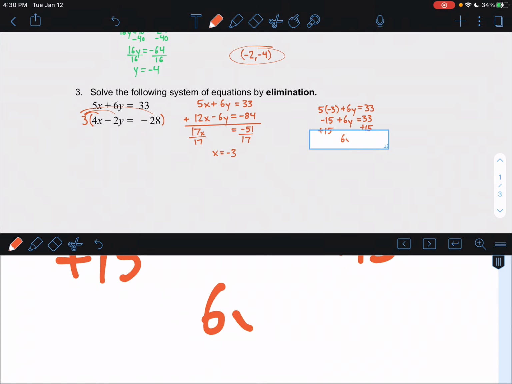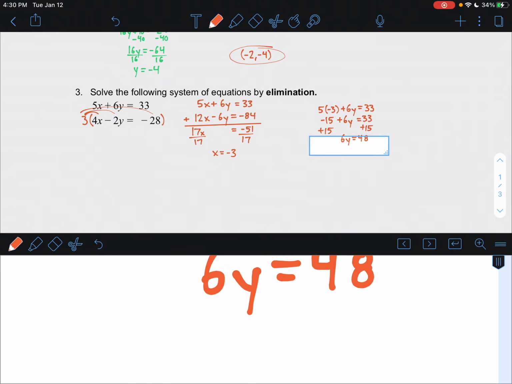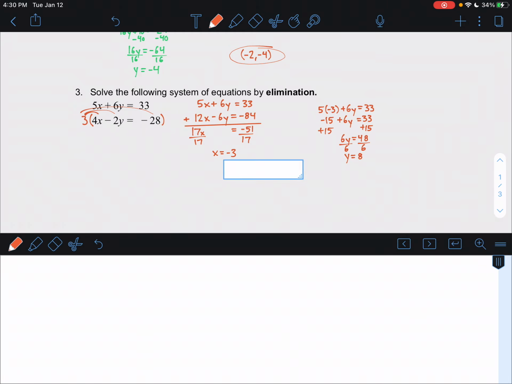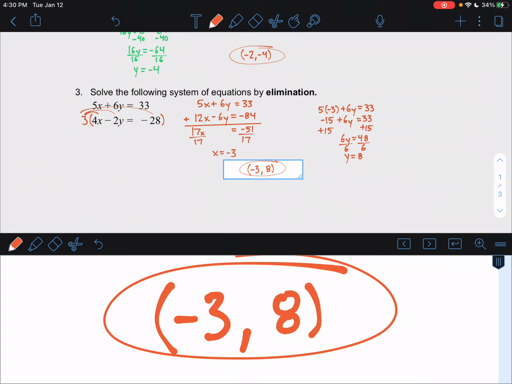And then I have 6y equals 48. And from there, I just have to divide both sides by 6. And I get y equals 8. So x equals -3, y equals 8. So my solution is -3, 8.